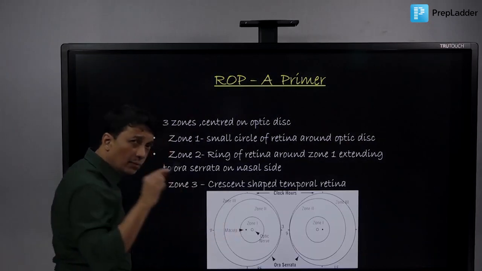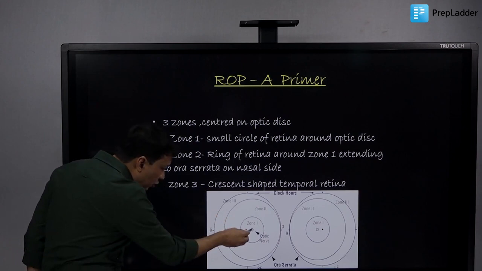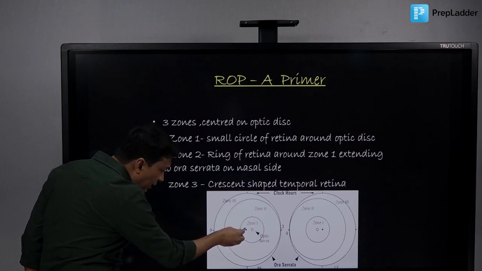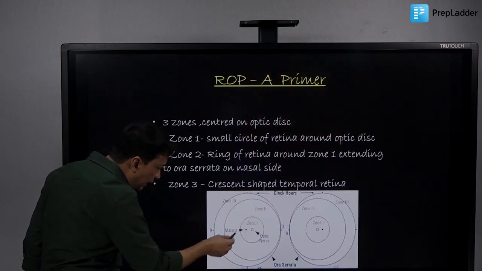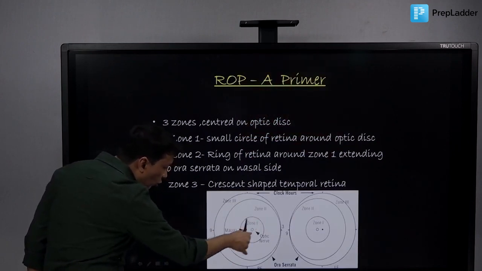Zone 1 is the most posterior, the most central zone. We draw a circle with a radius that is the distance from the center of the optic disc to the macula, the fovea, doubled. This is zone 1.